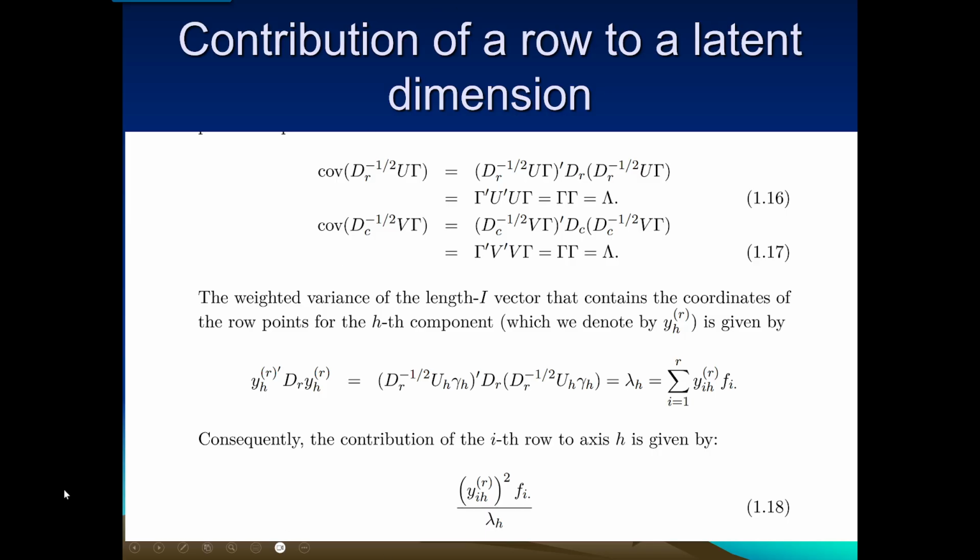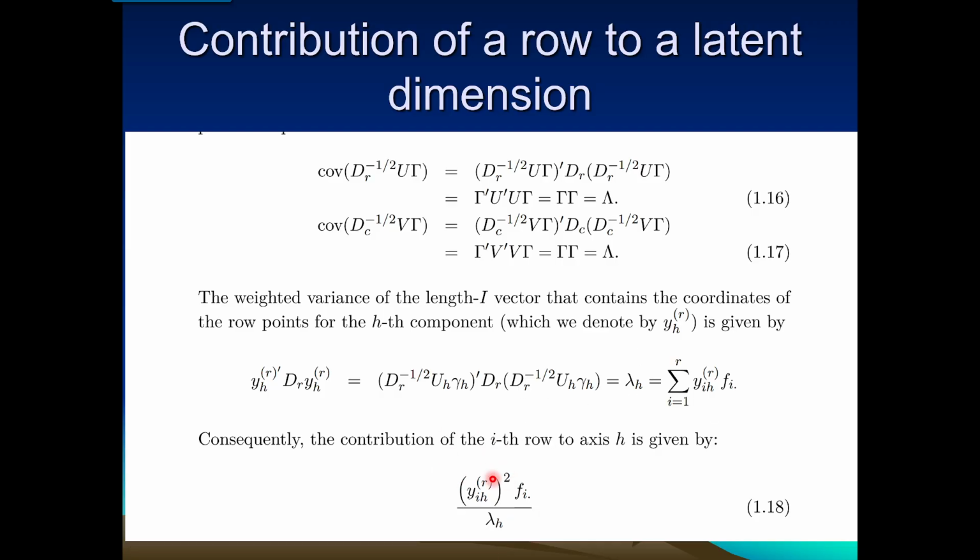Okay, this is a sum which goes from i to capital I here. Here there is a mistake, capital I. The sum which goes for all the rows. I don't know if there is in the book, but this is absolutely a mistake.